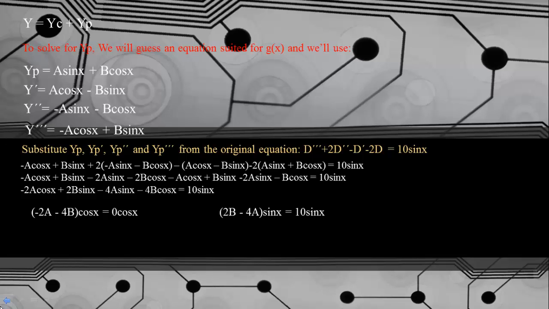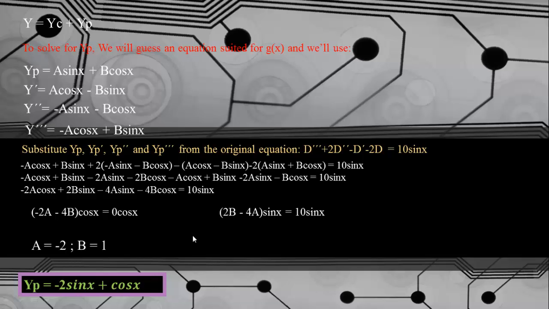And then we'll equate these, so we'll have the answer a is equal to negative 2 and b is equal to 1. So we'll substitute this in the guess equation, and we'll have yp is equal to negative 2 sine of x plus cosine of x.